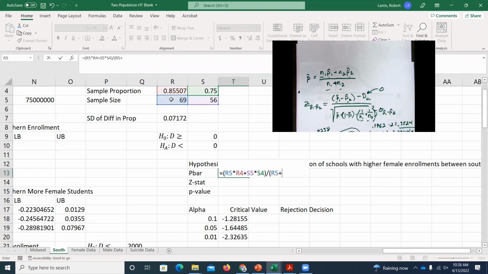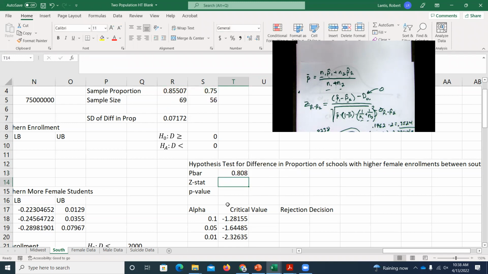So sample size from one group plus the other. That should give me P bar, or this average proportion I found across both samples. Any questions there? Okay. So I'm going to hit enter here.